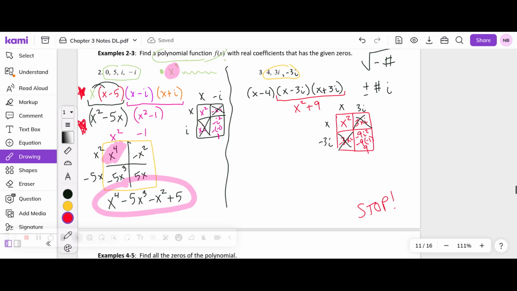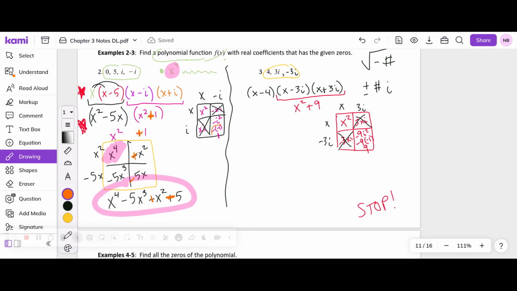Oh shoot, I just realized on this last one, this should be a plus 1 right here, which makes this a plus 1, which makes this plus and this minus. I'm sorry, you guys.